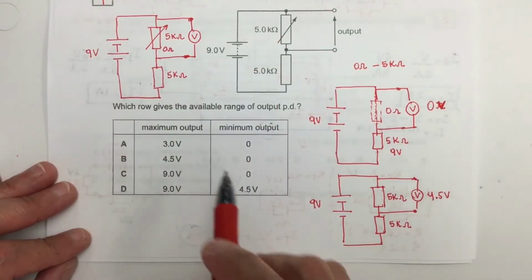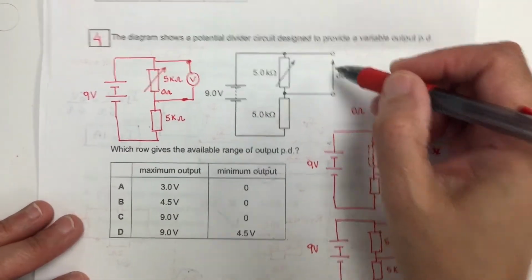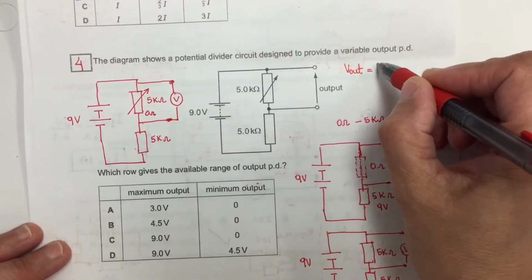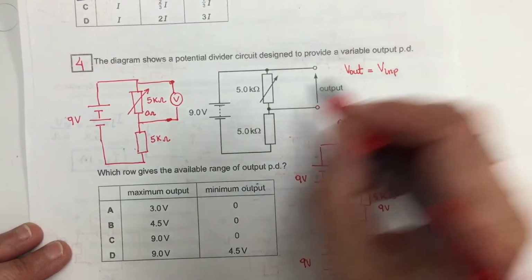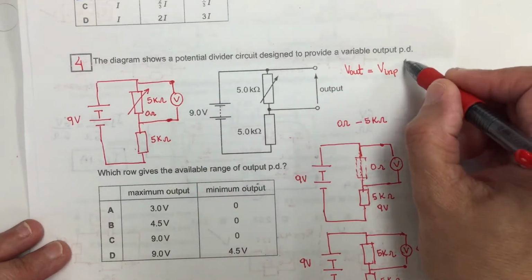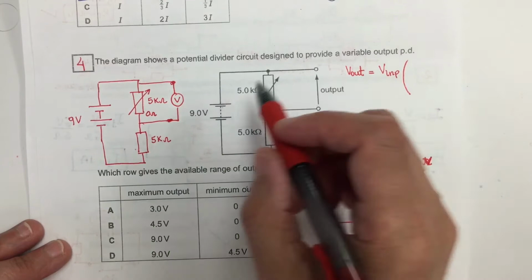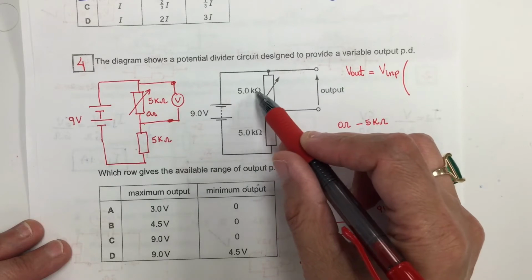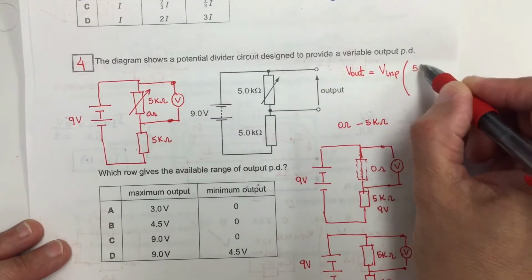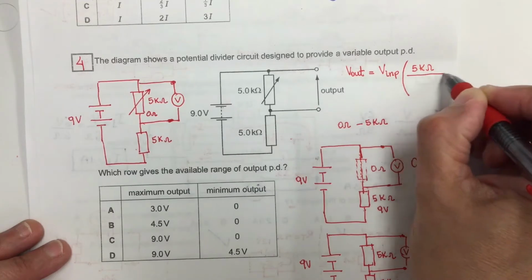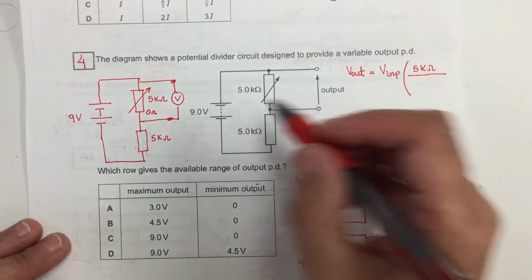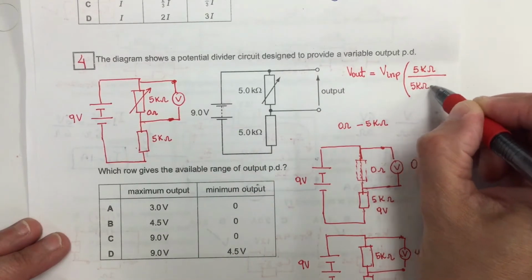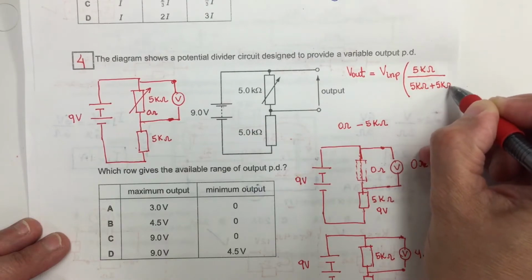We also have a formula for this one. So the output voltage, Vout, is equal to the input voltage, in this case 9 volts, times the resistor where I need to calculate my output voltage, this one, so let's say 5K ohms, over the sum of the resistors in this circuit, which is 5 kilo ohms plus 5 kilo ohms.